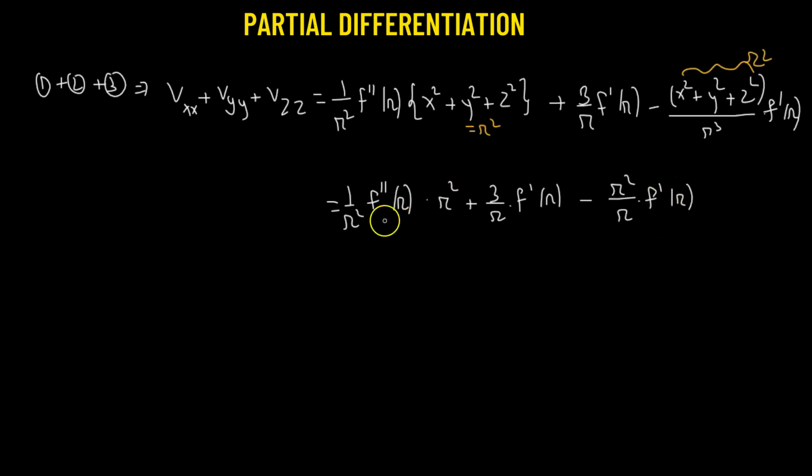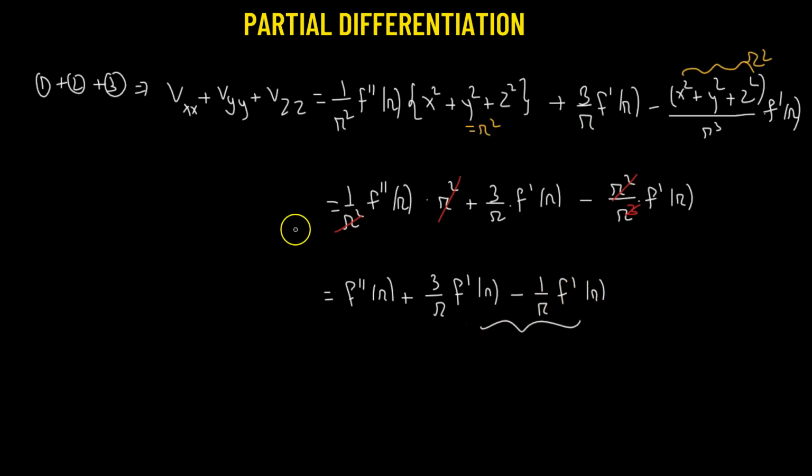So here we have r squared and r squared cancelling out. This is r cubed, so we have r squared and 1 r squared cancelling out, which leaves us with f double prime of r plus 3 over r times f prime of r minus 1 over r times f prime of r. So we'll combine these 2 terms and this is going to give us the final value.